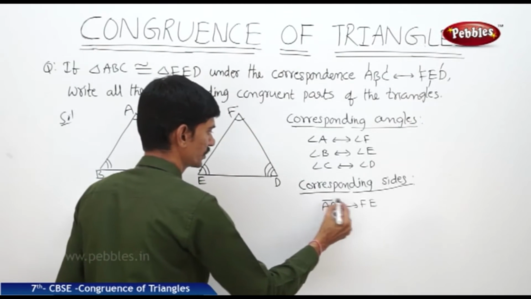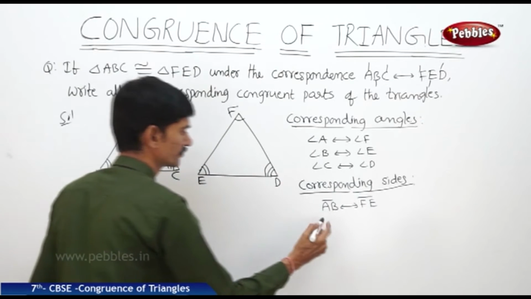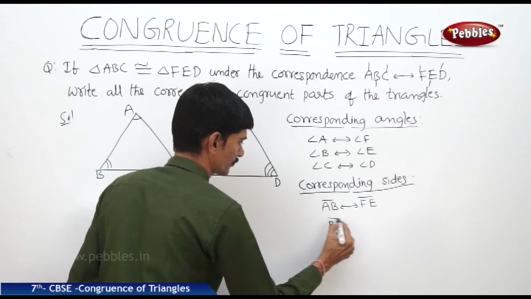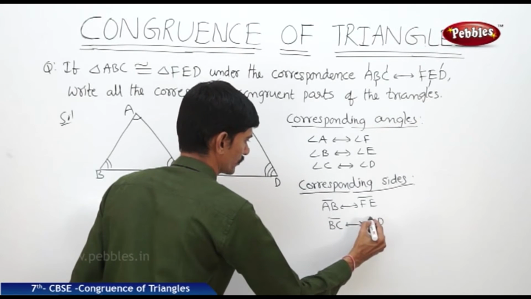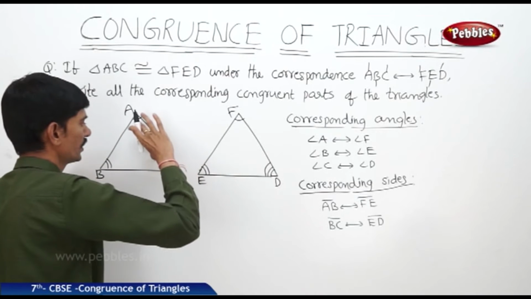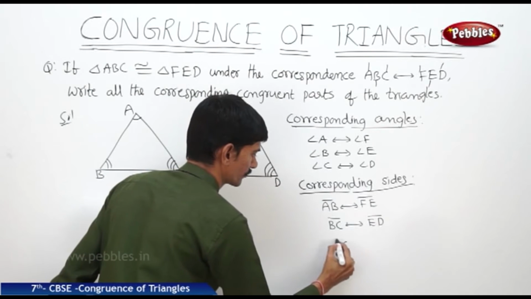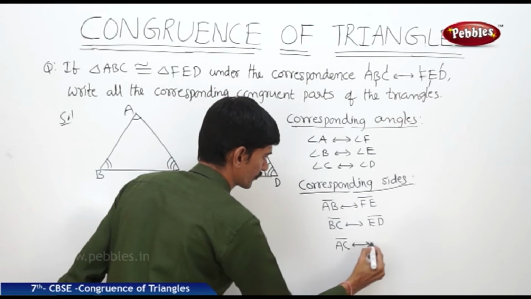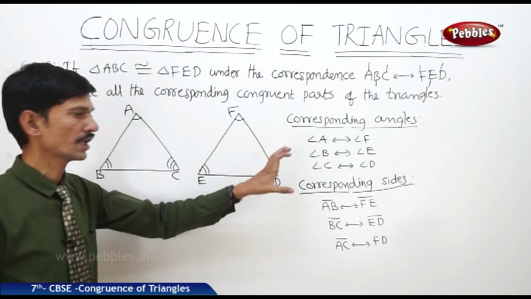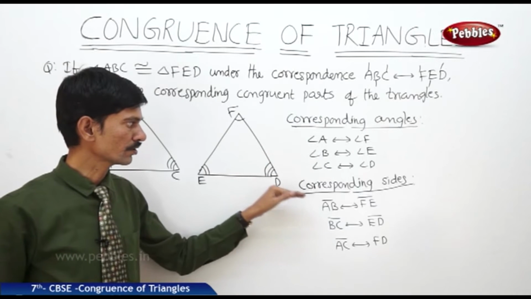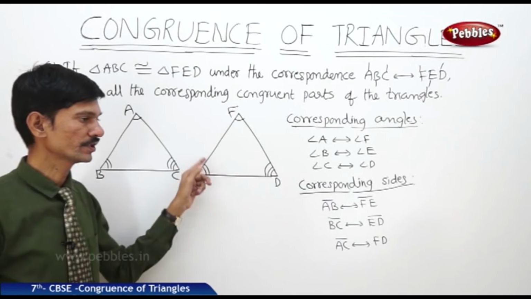Then BC corresponds to ED. Then AC corresponds to FD. So these are the corresponding congruent angles and corresponding congruent sides in the two congruent triangles ABC and FED.